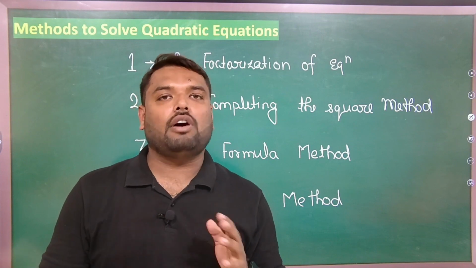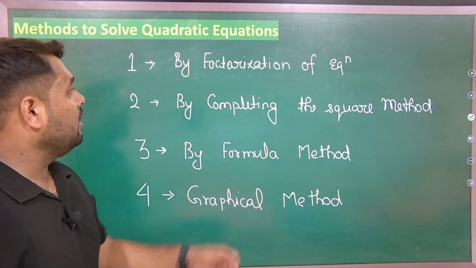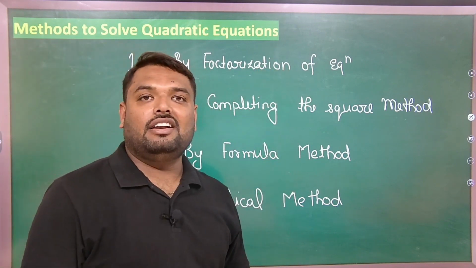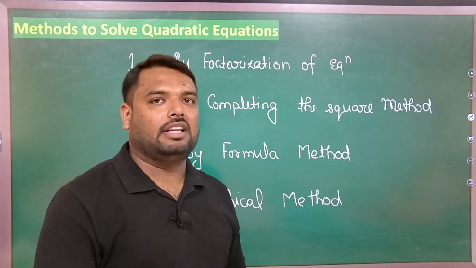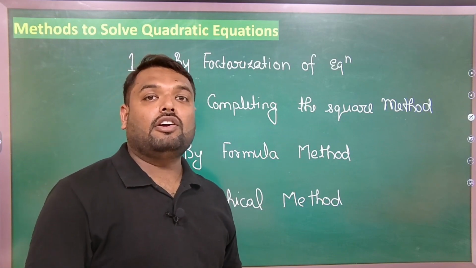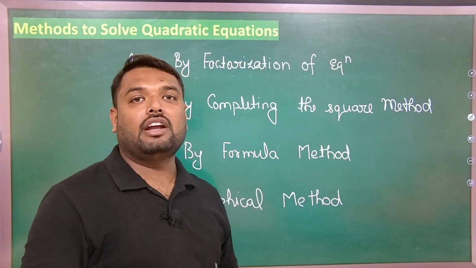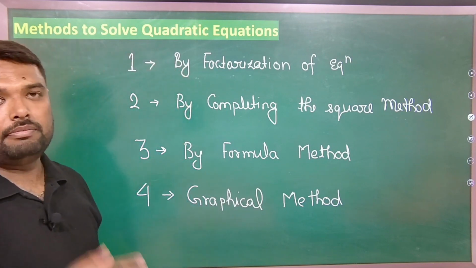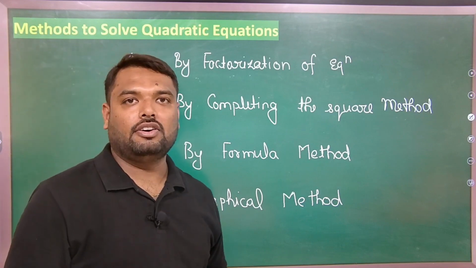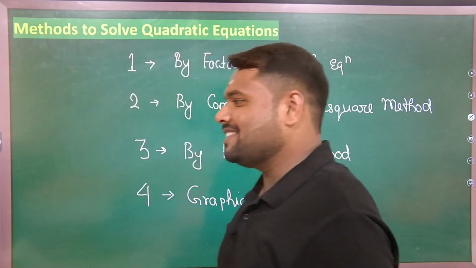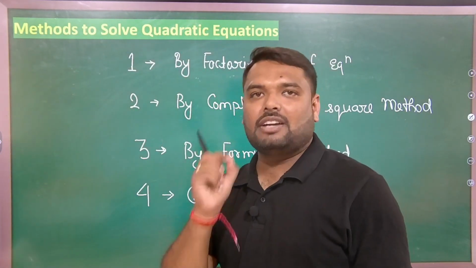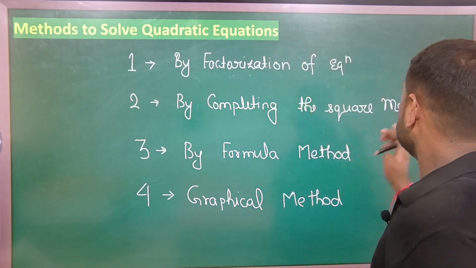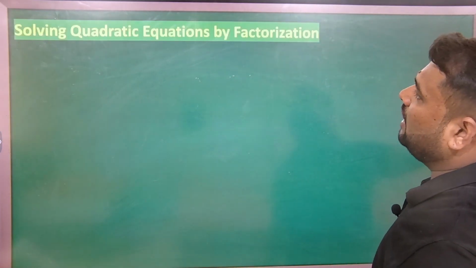I will teach you all these things, and in the factorization method, I will tell you a shortcut method. Without using pen and paper, you can solve the quadratic equation. Okay, that will be a shortcut method. So let us start.